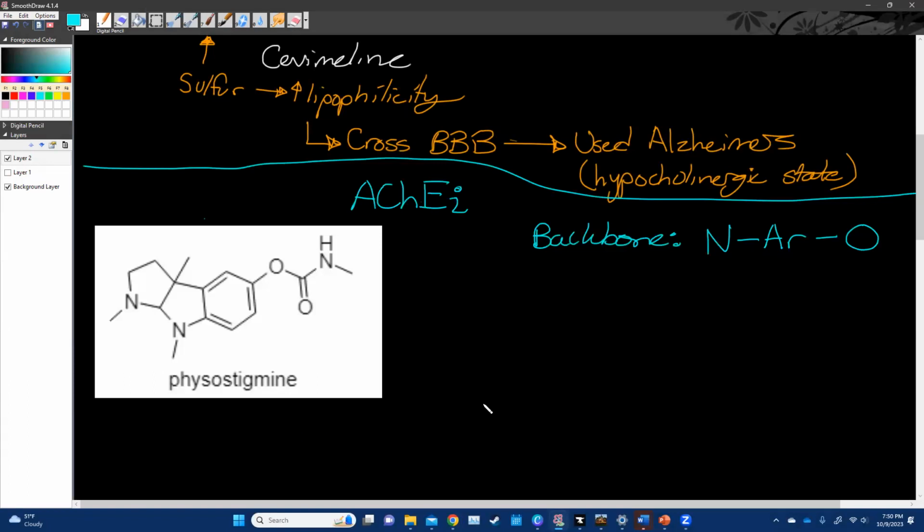Physostigmine is going to be our quintessential, our basic acetylcholinesterase inhibitor that we are going to base things off of. First things first, acetylcholinesterase inhibitors should in some way mimic what structure? What do they need to mimic in order to inhibit acetylcholinesterase? Acetylcholine, exactly.